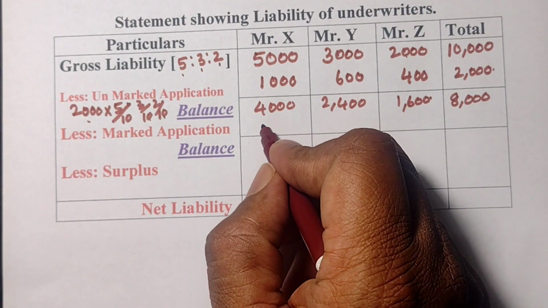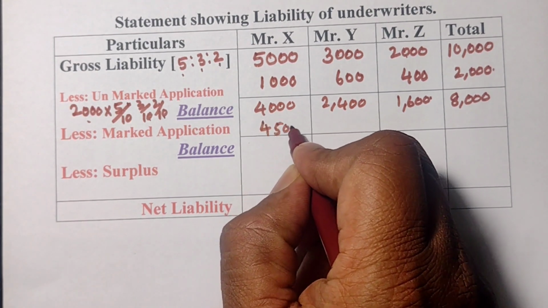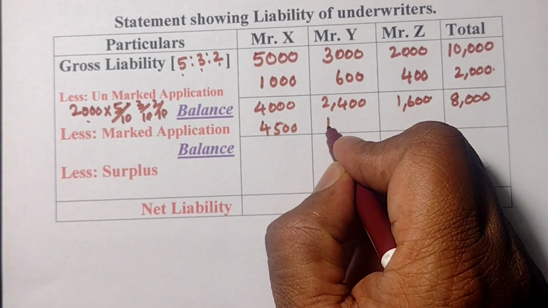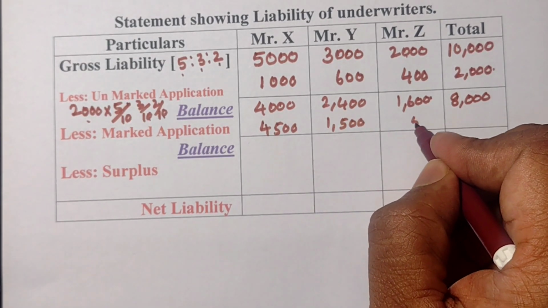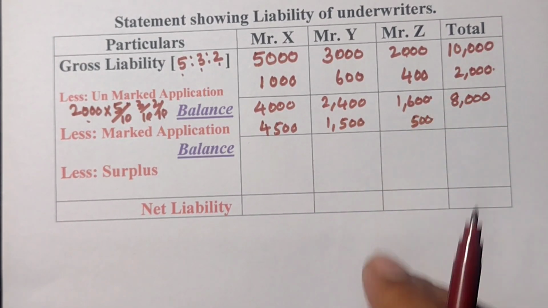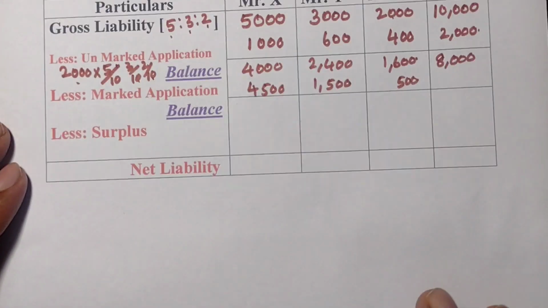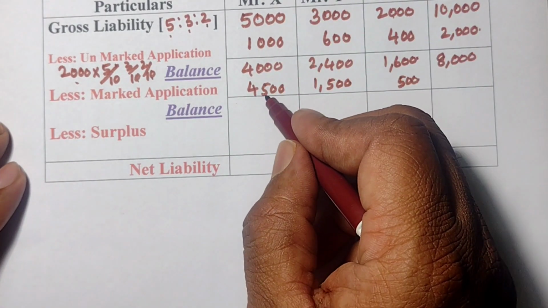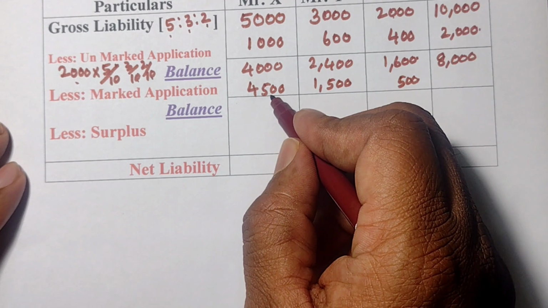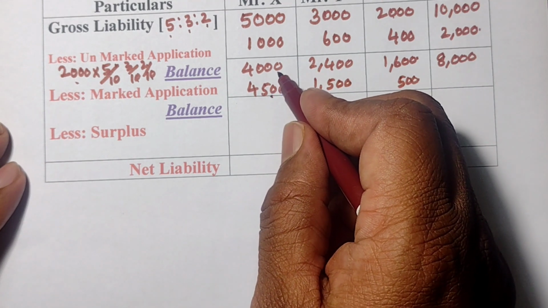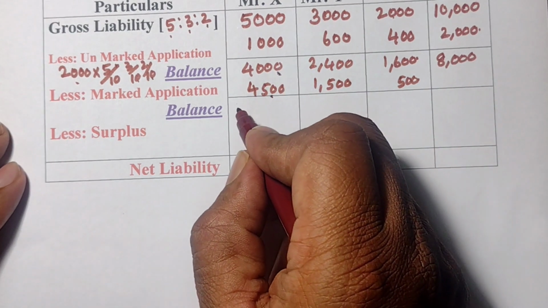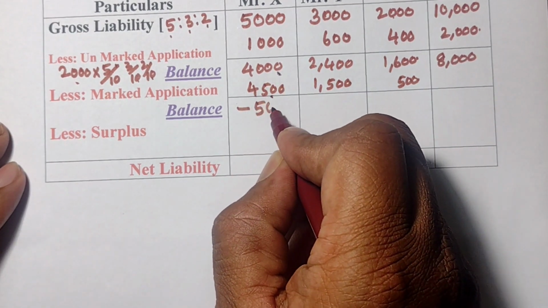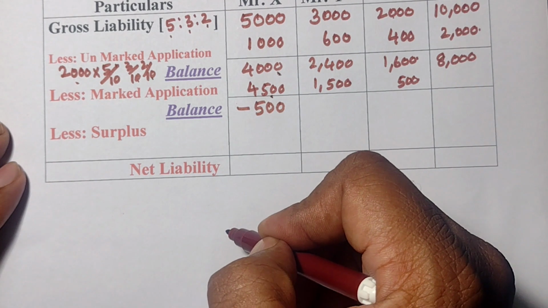So 4,500, and the second person is 1,500 and the third person is 500. If you observe, Mr. X has received more marked applications than his balance. Therefore, for him we have to write minus 500.